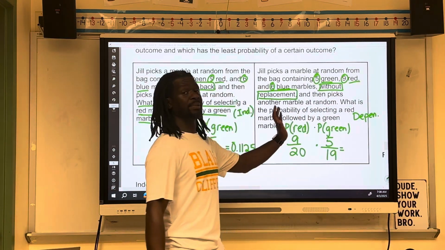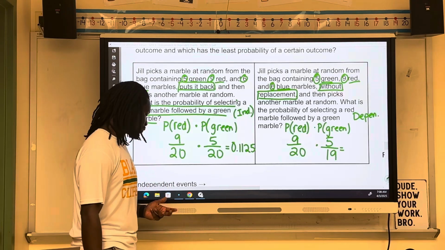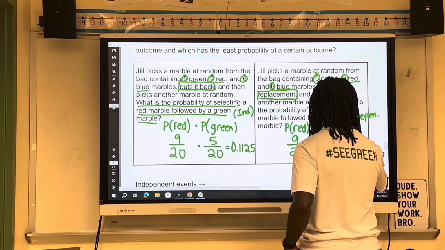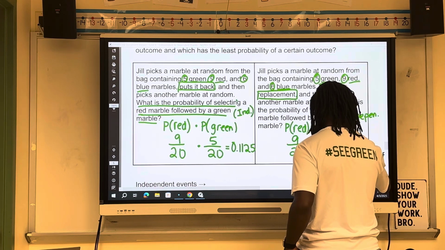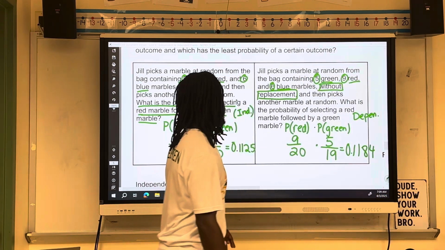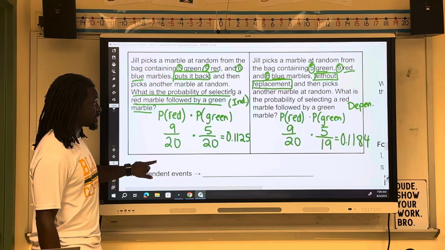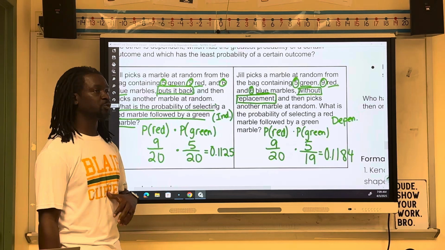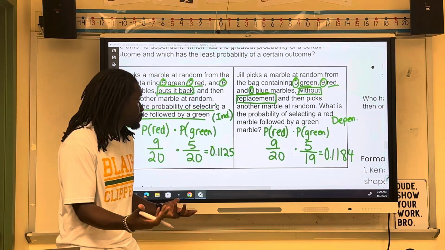When I plug this into Desmos, I am going to get 0.1184.